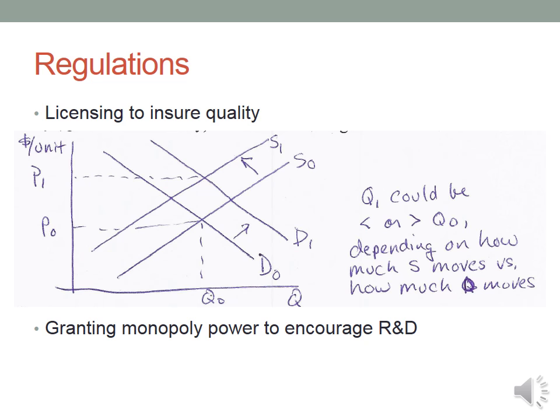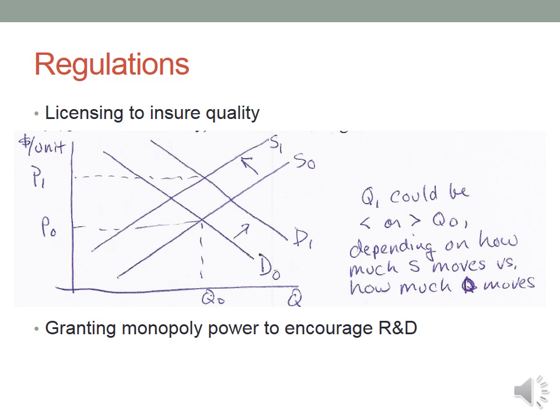When we require the producers of a medical service to be licensed, that increases their cost of production, and it reduces the number of providers in the market. And so you see that supply curve moving back from S0 to S1. But because quality is higher and the consumer has more confidence in it, it increases demand from D0 to D1.